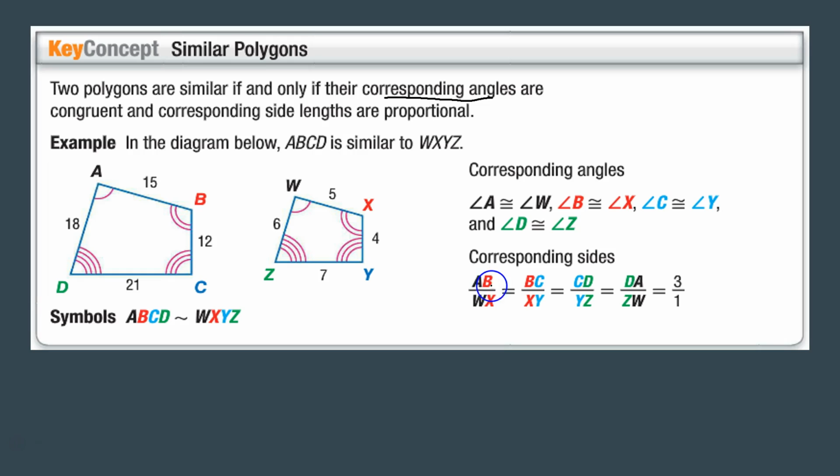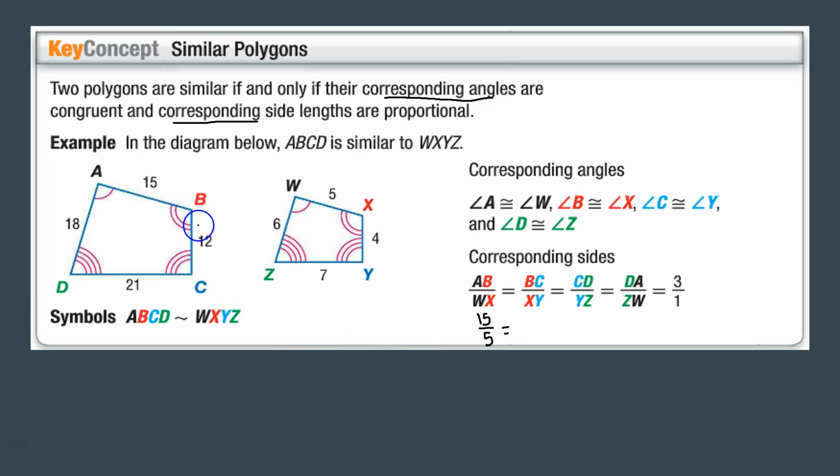The next thing that we want to find out is if they have corresponding side lengths. So in our case, we have AB, which is 15, and WX, which is 5. So I'm going to write that down, 15 and 5, and we'll go back to that at the end.